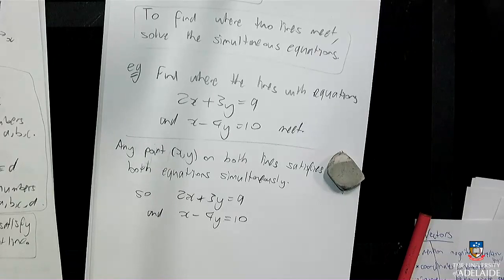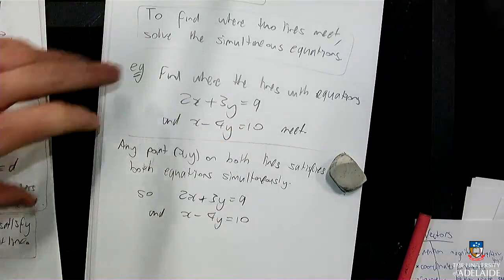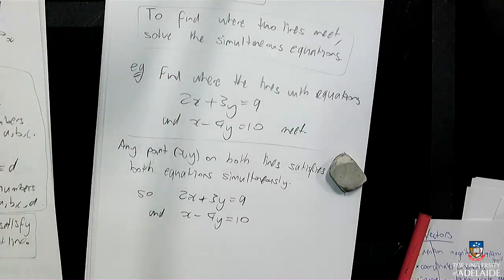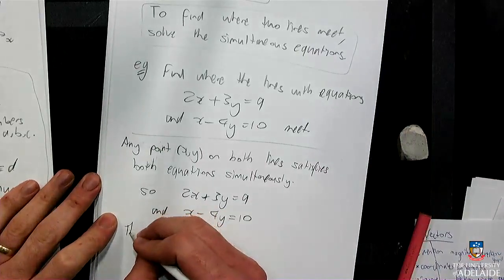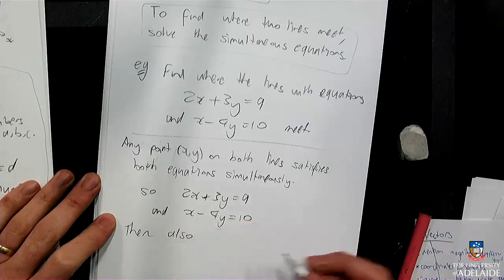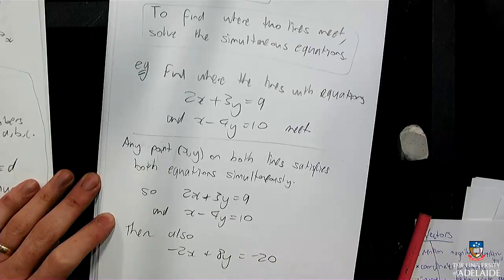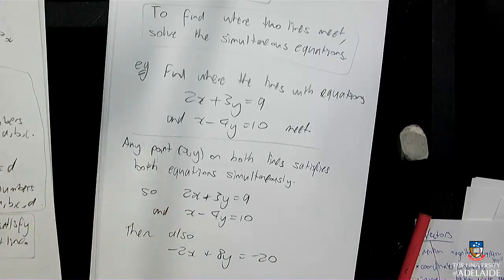And you'll note it's very subtle, but we've switched from these equations representing all possible combinations of x, y that work to being just the specific ones that satisfy both simultaneously. So if both of these are true, then it's also true, for example, that minus 2x plus 8y must be minus 20 as well, because we multiplied this one by minus 2, and it's the same equation, really.